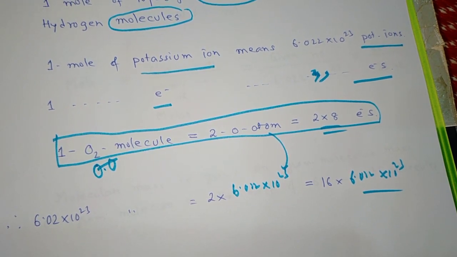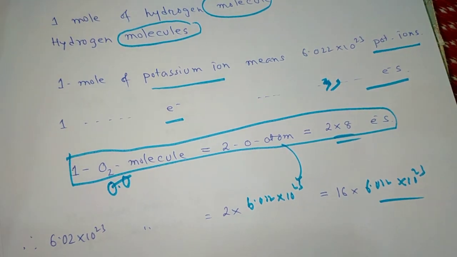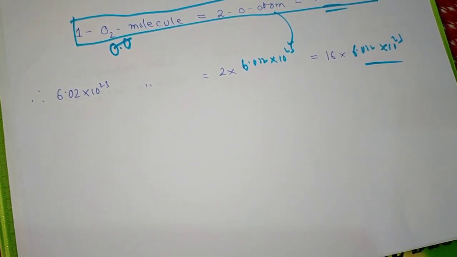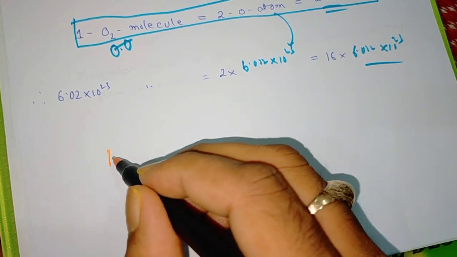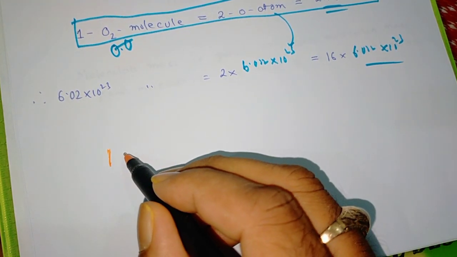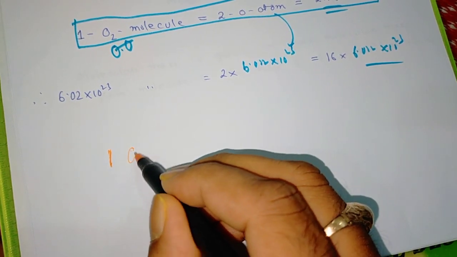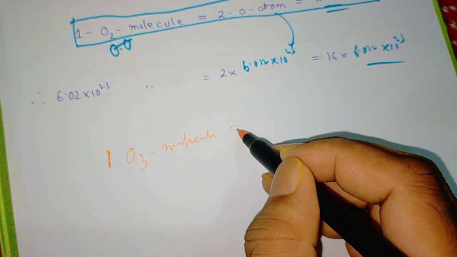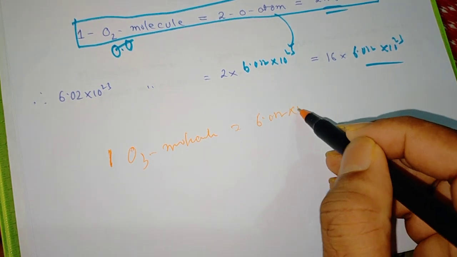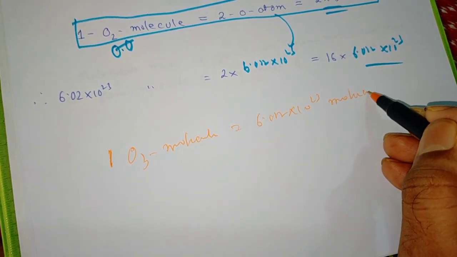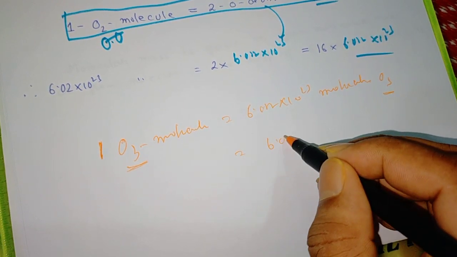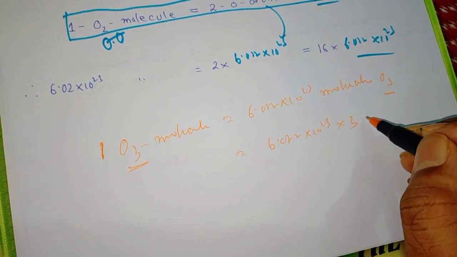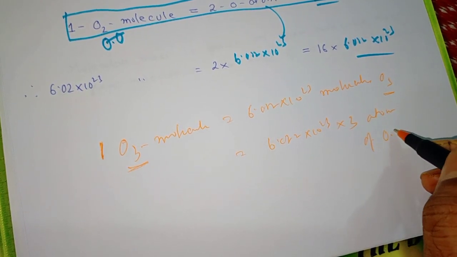So what conclusion we can draw is that if we have one O3 molecule, if it is equal to 6.022 × 10^23 molecules of O3, O3 remains O3 there, this is equal to 6.022 × 10^23 into 3 atoms of oxygen.